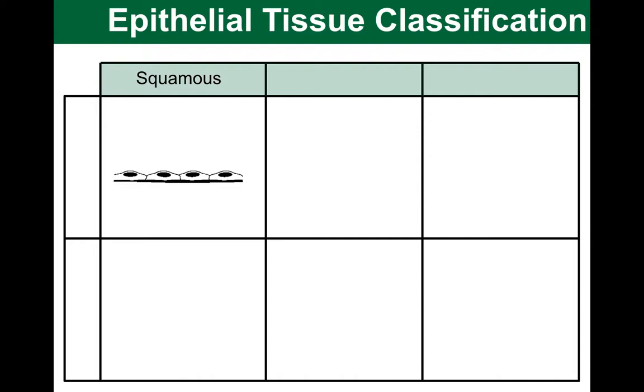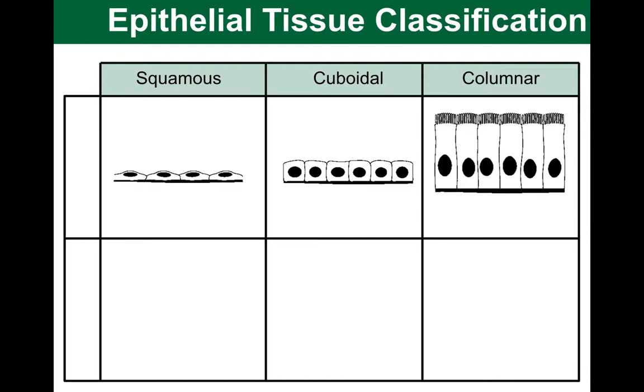We can also have cuboidal cell shape. These really look, as the name suggests, somewhat like cubes in a cross-section. And then we have columnar cells. These in turn look like columns or pillars, if you wish. So, those are our three shapes that we can use to classify epithelial cells.